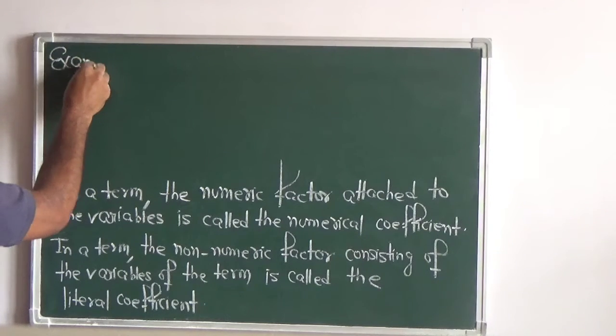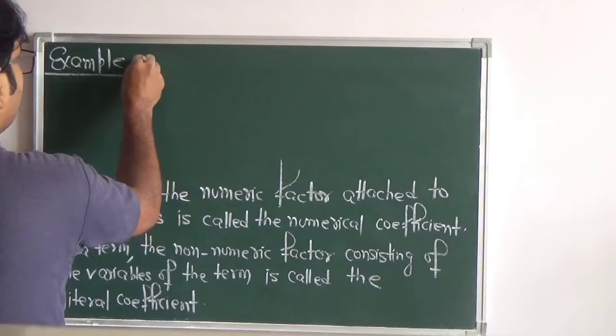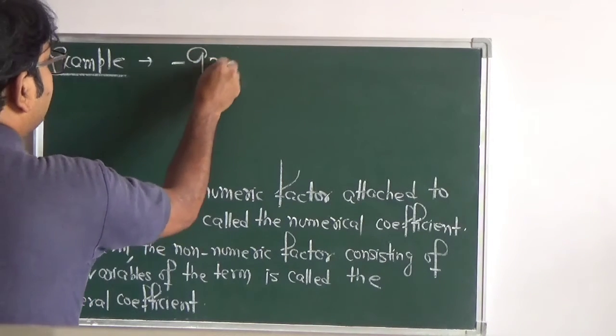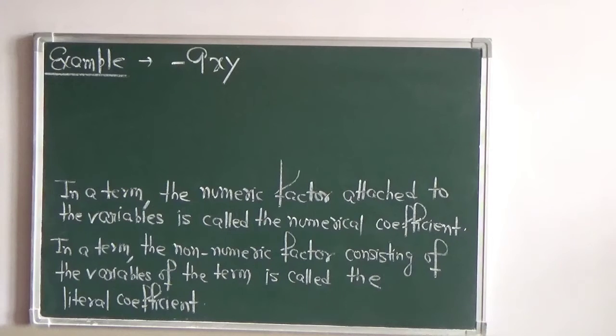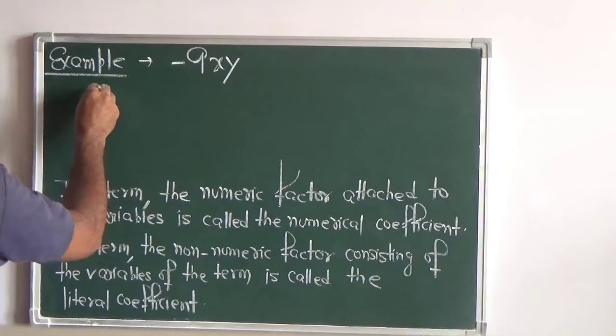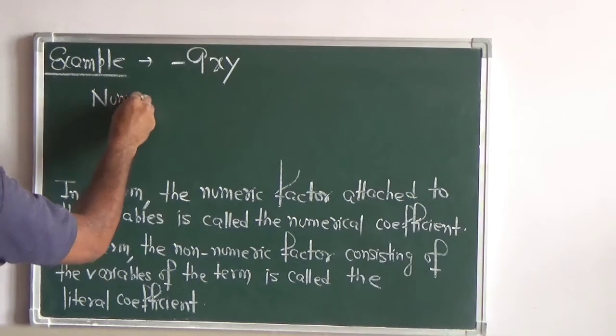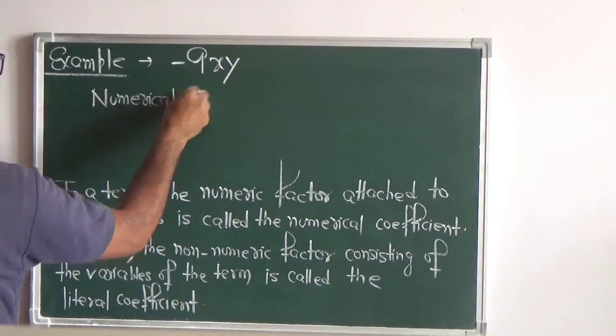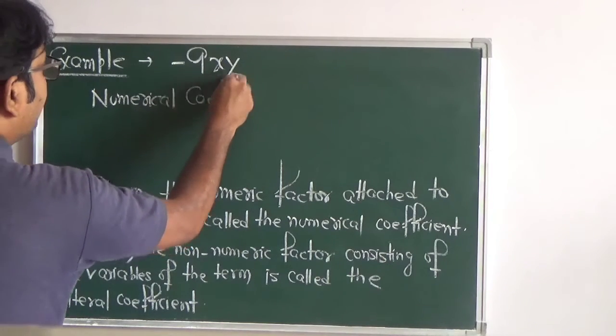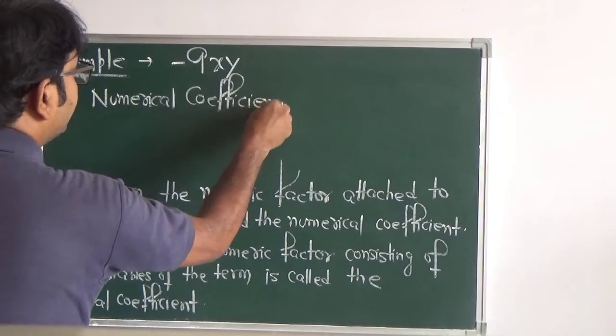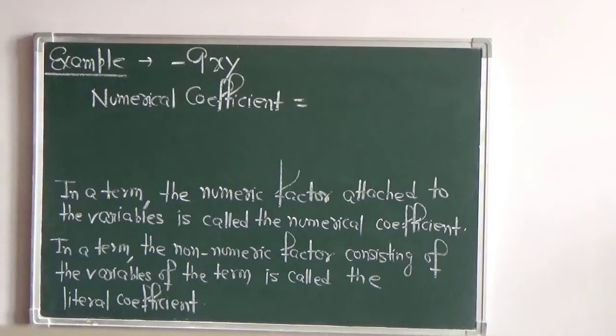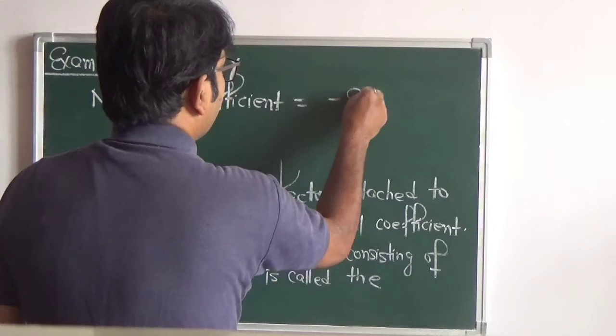Example, let us take the term minus 9xy. So this is the term, or you can say it is a monomial, an algebraic expression. What is the numerical coefficient? If you are asked to write the numerical coefficient, then we are going to write the value minus 9.